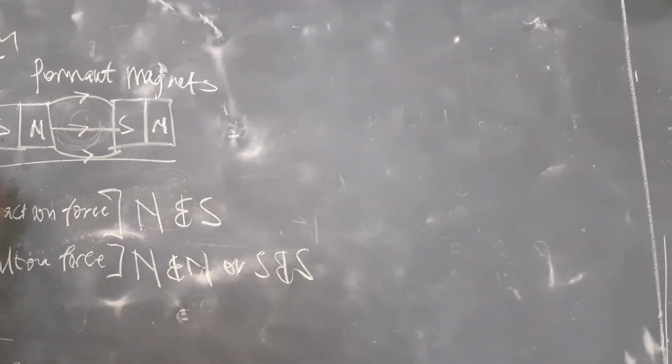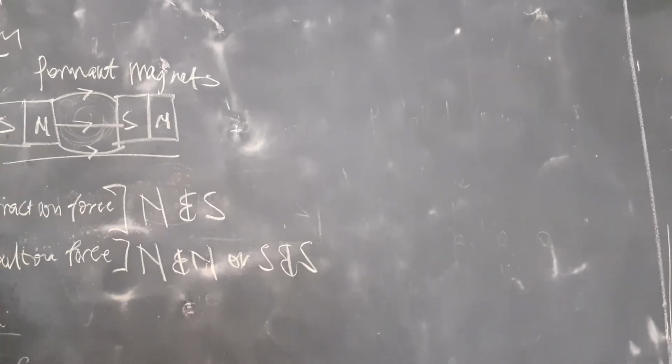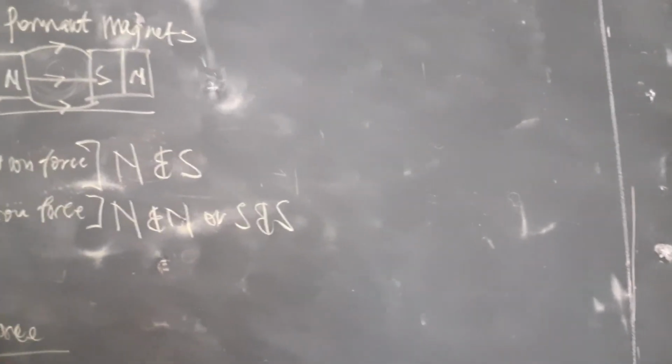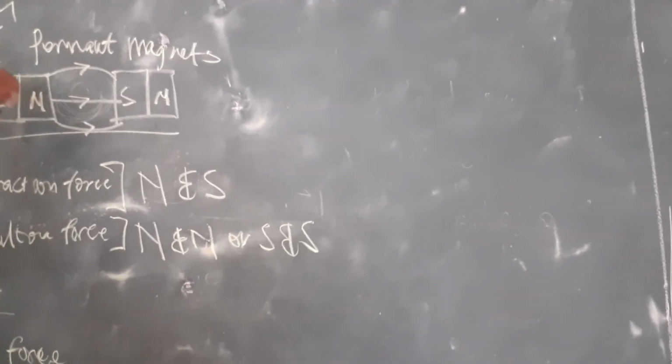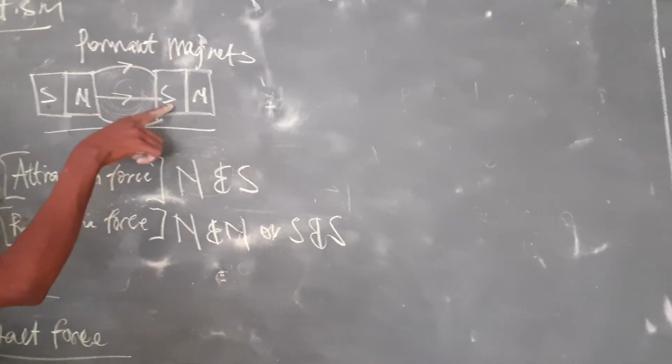But remember that the magnetic field lines for north are always going out, with arrows, and the magnetic field lines for the south are always going towards the south. So if you look at this, the magnetic field lines are moving from north going to south.